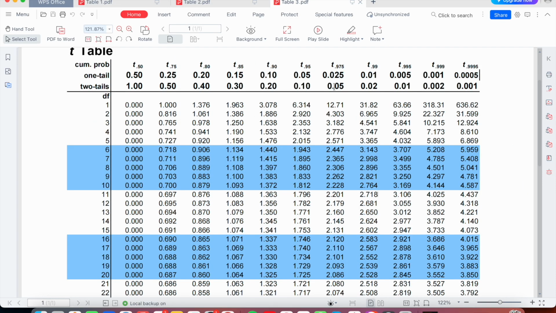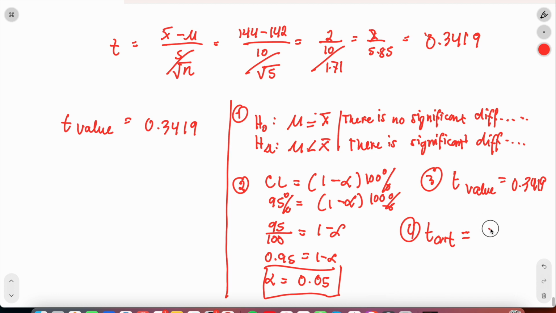Since alpha is 0.05 and the degrees of freedom is 4, this is 2.132. Okay, our critical values are 2.132. So here it is plus minus 2.132.